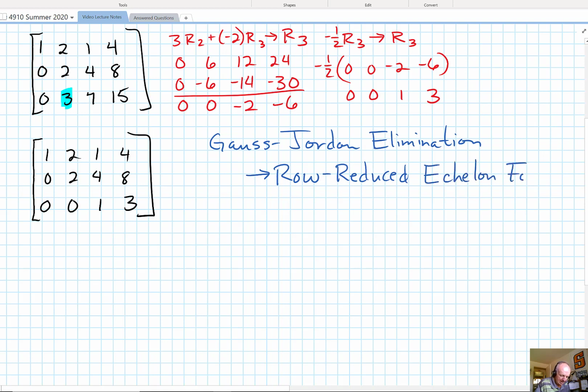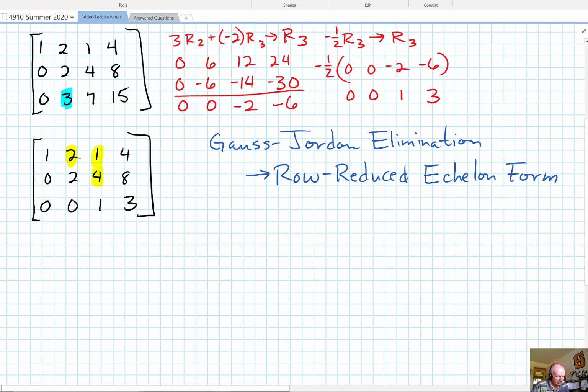What that means is this. In echelon form, we have our leading terms that are stair-stepping, but we also have only zeros below any leading term. In row reduced echelon form, we're going to also get zeros above the leading terms.